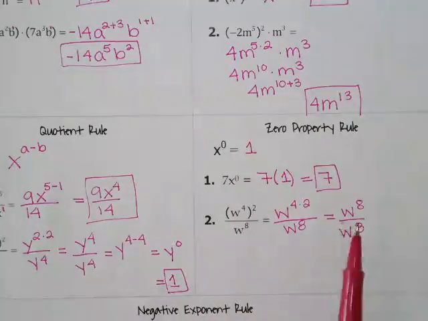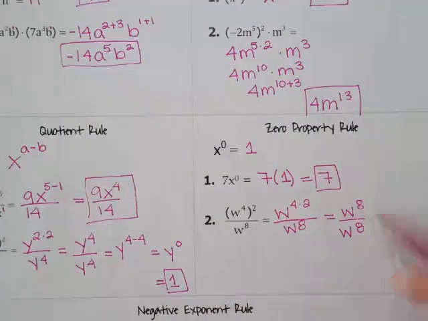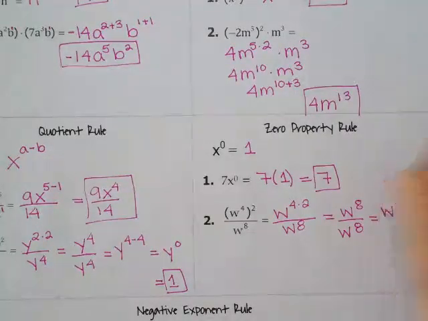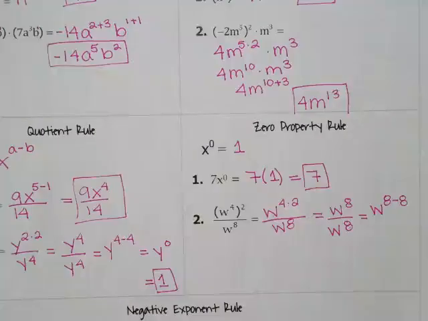We've got a division, so now I'm going to do the quotient rule by bringing this exponent up to the top. So keep our base w. 8 minus 8 is where I'm getting this from. And then 8 minus 8 I know is 0, so really this is w to the 0 power. And anything raised to the 0 power, our answer is 1.